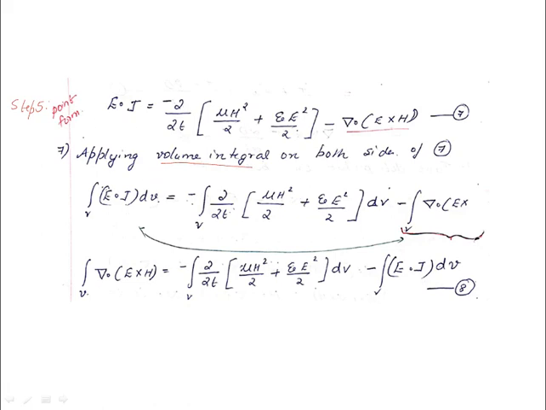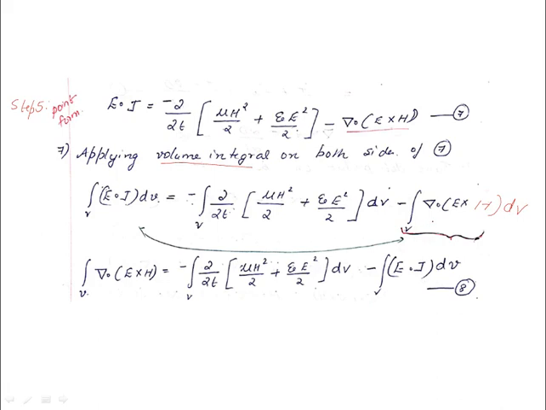See, so I have tried volume integral of E dot J into dv minus, take it outside, so volume integral del by del t of the first term into dv minus volume integral of del dot E cross H into dv you have to write.